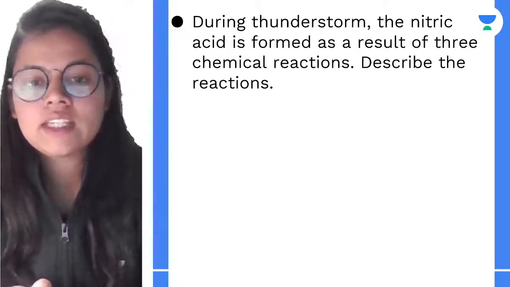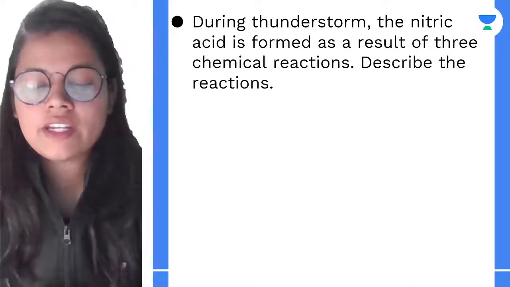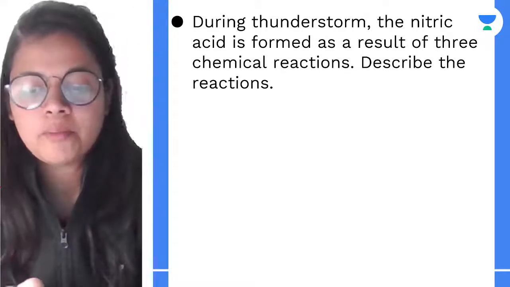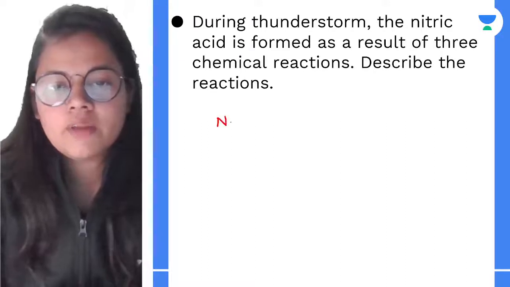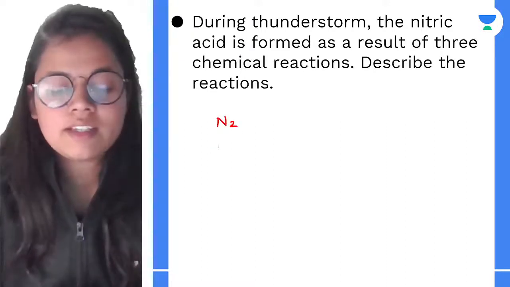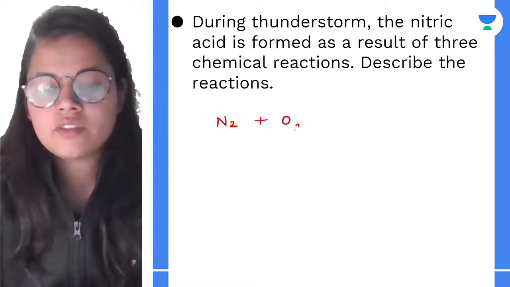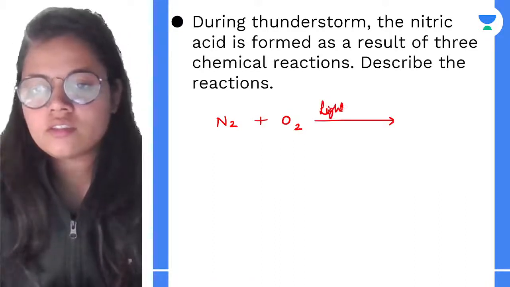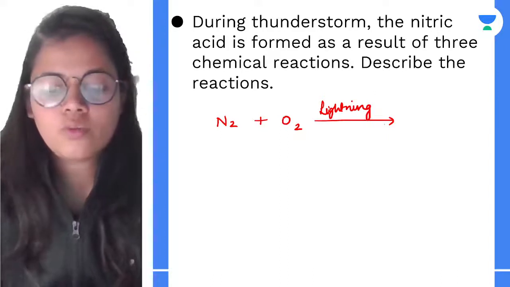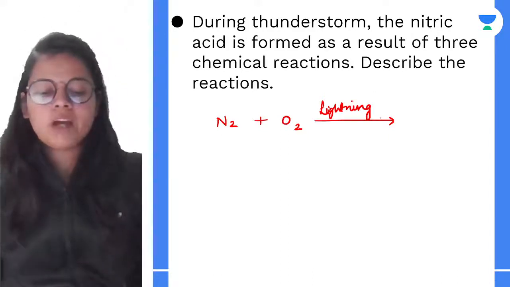What happens when atmospheric nitrogen and oxygen combine? What is formed? Can anybody tell me, when the nitrogen present in the atmosphere combines with oxygen in the presence of lightning, what is formed? Can you name the compound?